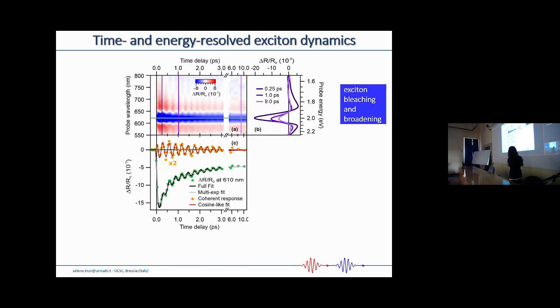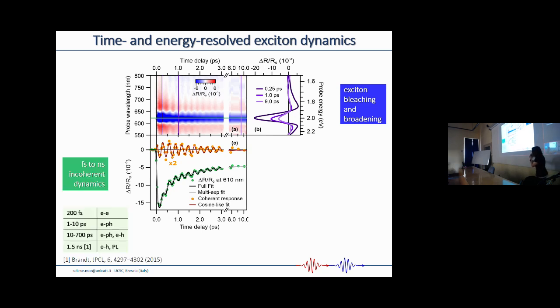You can slice this map also horizontally and get the recovery of the reflectivity signal as a function of probe delay. Here I'm showing the one resonant to the exciton wavelength. By fitting this recovery, you get timescales that can be correlated to scattering mechanisms.